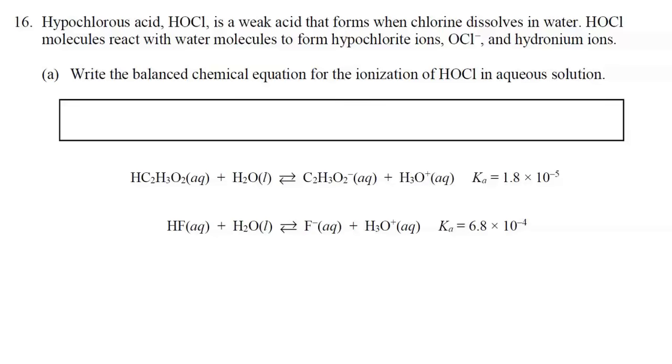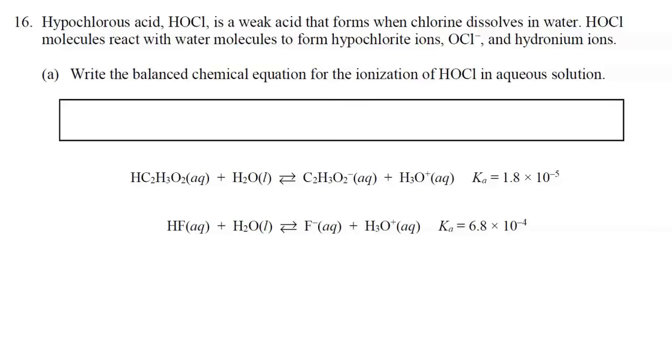In question 15, you saw the balanced equation for the reaction of acetic acid with water to produce acetate and the hydronium ion. Let's use these two equations that we have already seen as a template for how to write the balanced chemical equation for the ionization of HOCl, another weak acid, in aqueous solution.